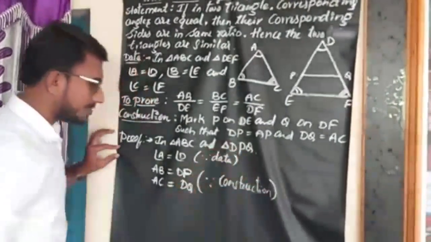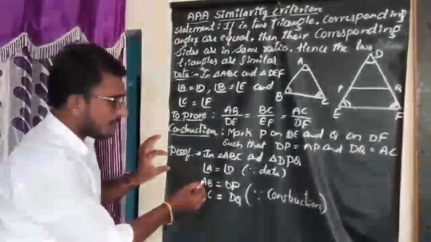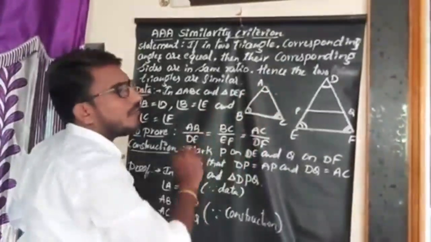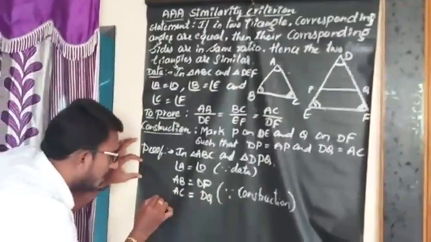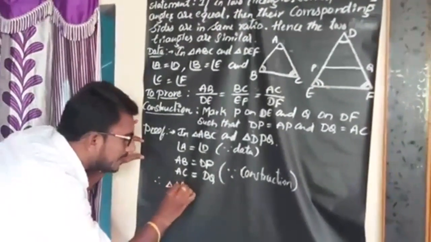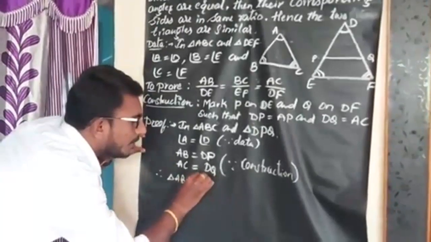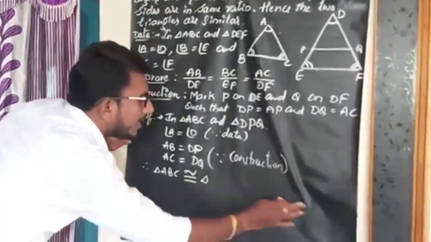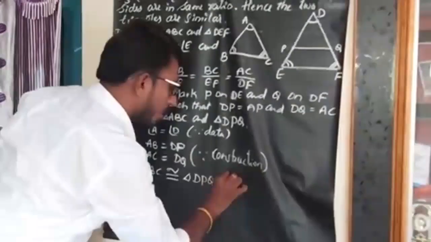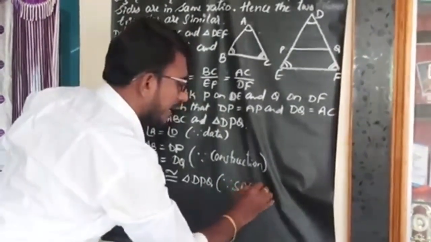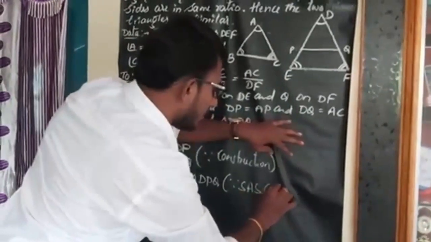You can see here the side angle side of one triangle is correspondingly equal to the side angle side of another triangle. Therefore, triangle ABC is congruent to triangle DPQ. This is according to the SAS congruency rule.